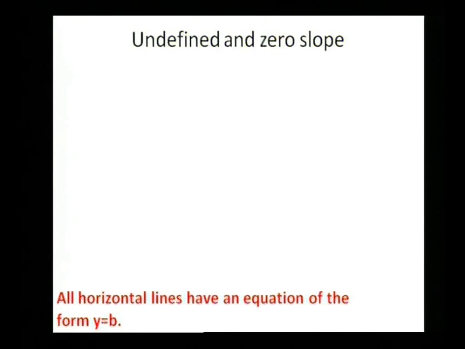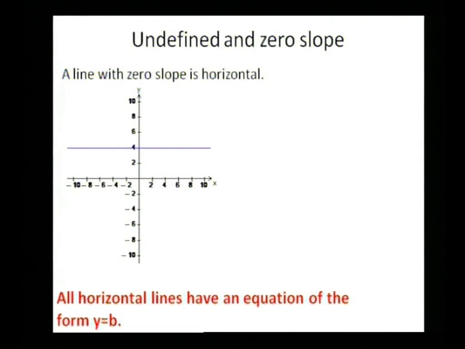So what happens when the slope is 0, and what happens when the slope is undefined for any line? A line with 0 slope is a horizontal line. If we look at this line here, consider 2 points on this graph: the first one is (minus 4, 4) and the second one is (6, 4).